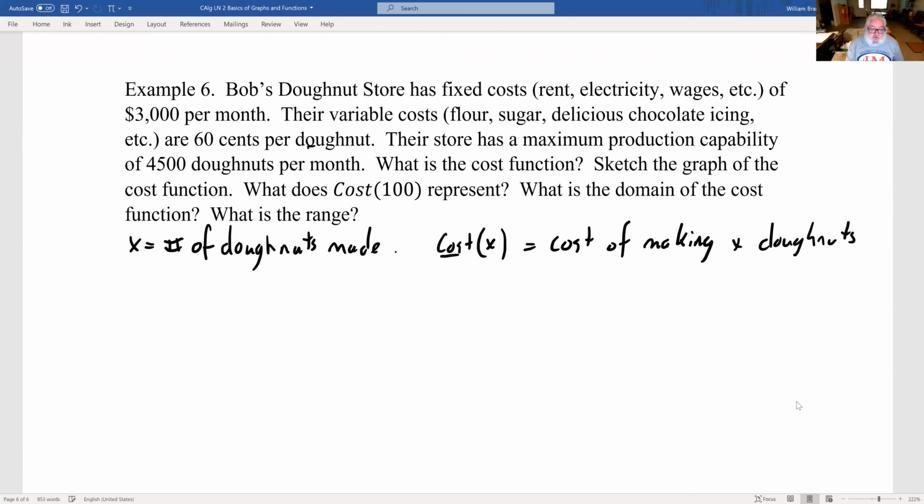We're naming it cost, and the variable is x. So whatever function we get should tell me that if I make this many donuts, this is how much it costs.